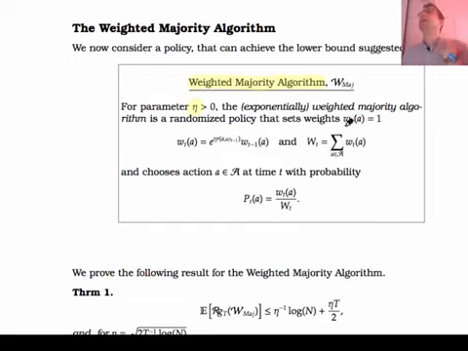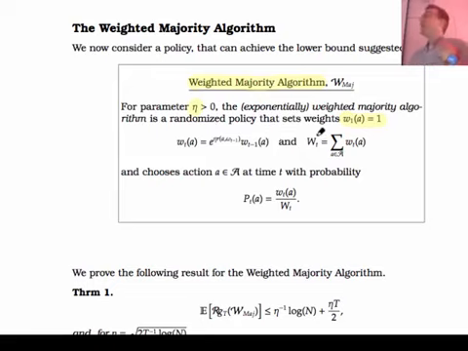At the beginning, you set the weights equal to 1 for everything. Then at the next round, you look at what reward you got from each action A, given the outcome that just occurred, and you exponentiate it, e to the eta, and multiply it to the previous weight.